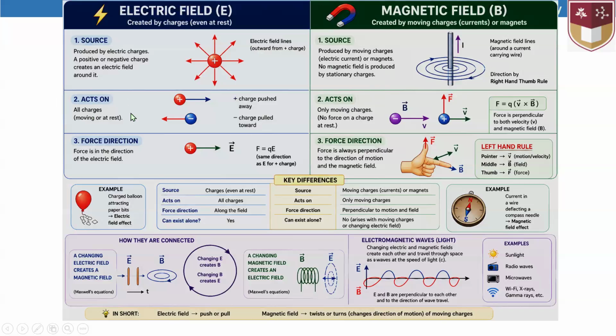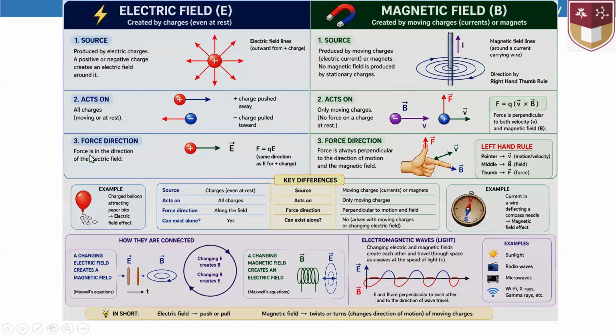So the electric field acts on all charges, moving or at rest, plus or minus, and the magnetic field acts only on moving charges, with no force on a charge at rest. So this is another difference between them.